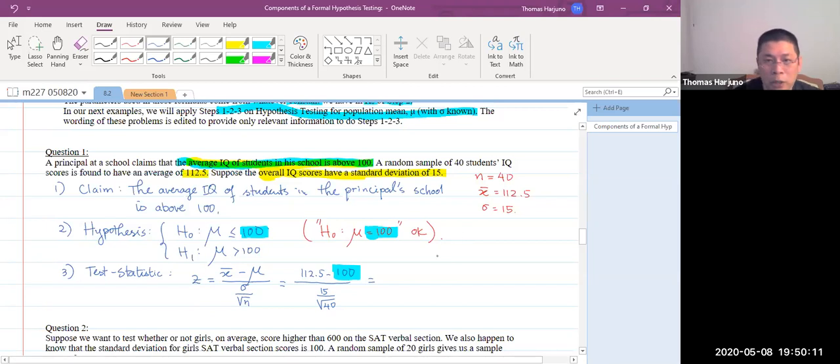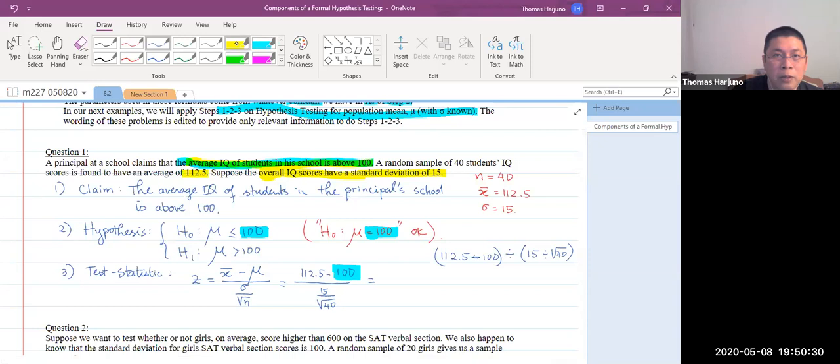It's supposed to be written this way: 112.5 subtracted by 100, but you need to use parentheses here, the difference divided by the quotient, 15 divided by square root of 40. You need parentheses for the top, and then you need parentheses for the bottom.